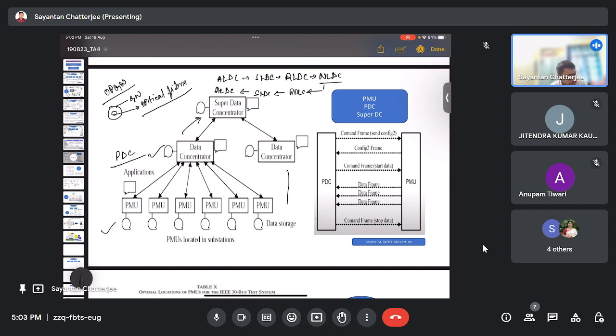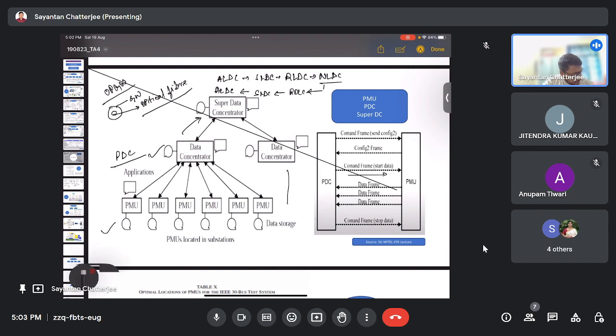If the phasor data concentrator sends the command frame to start data, then the PMUs start sending data. The PDCs give the command frame, the start command, and based on that the data is transferred.